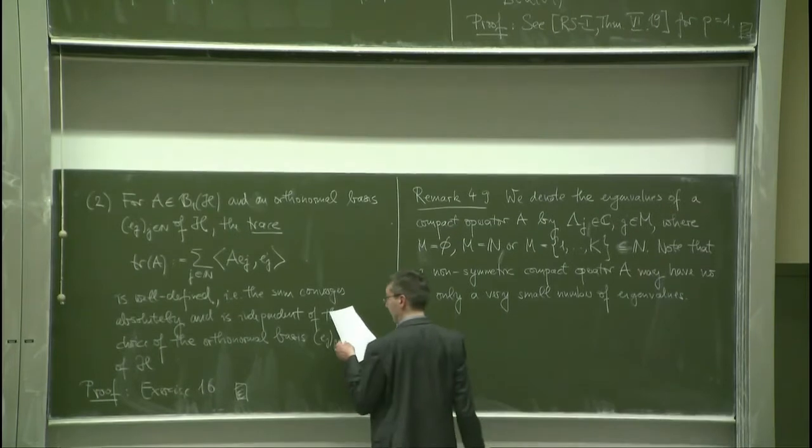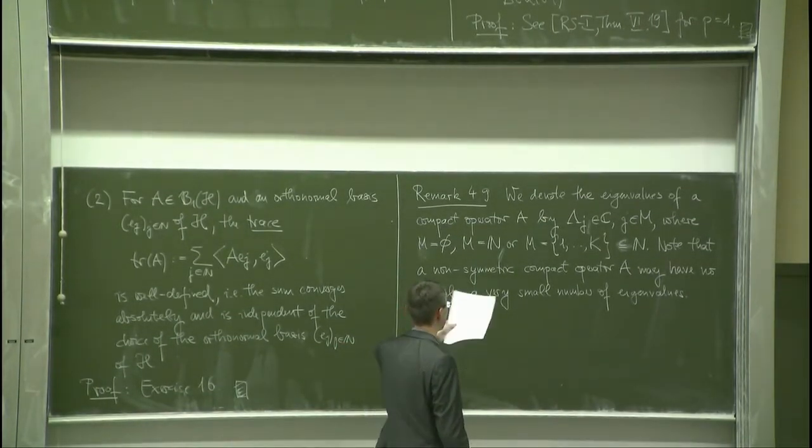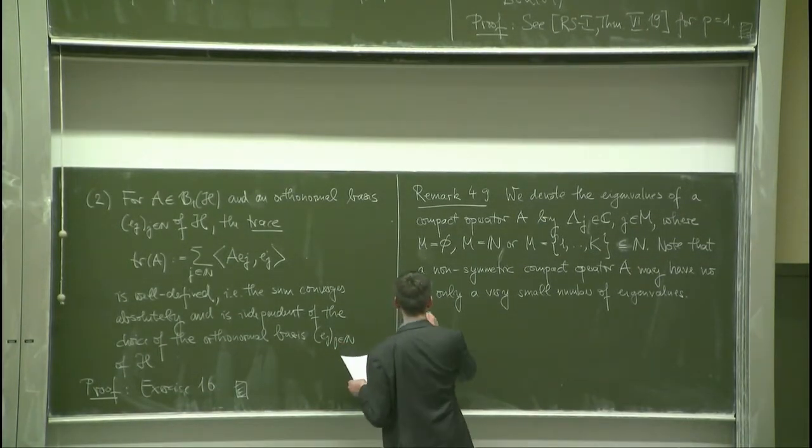Okay, and then we define the so-called algebraic multiplicity of such an eigenvalue lambda j as follows.